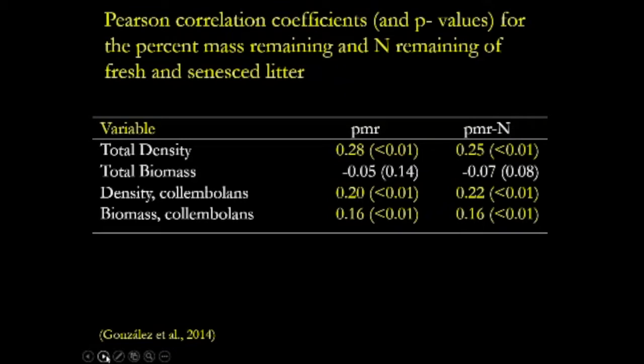The total density of the animals, particularly the biomass of the Collembola, was significantly related to the percent of mass remaining in these litter bags.